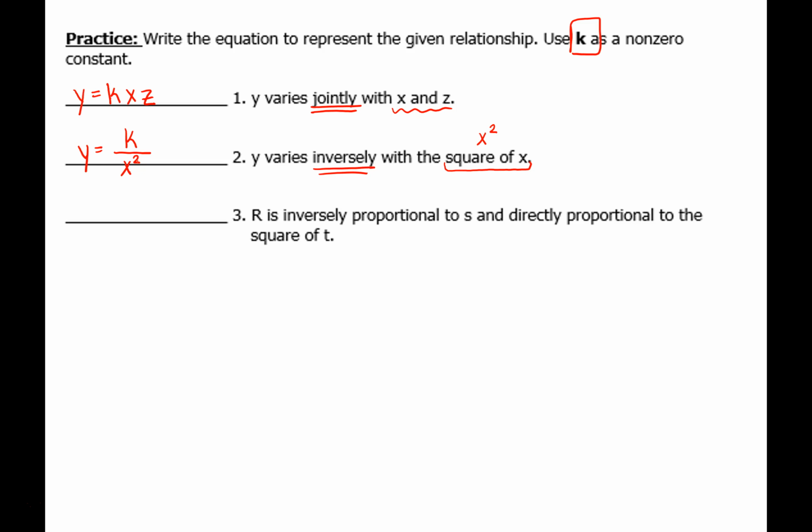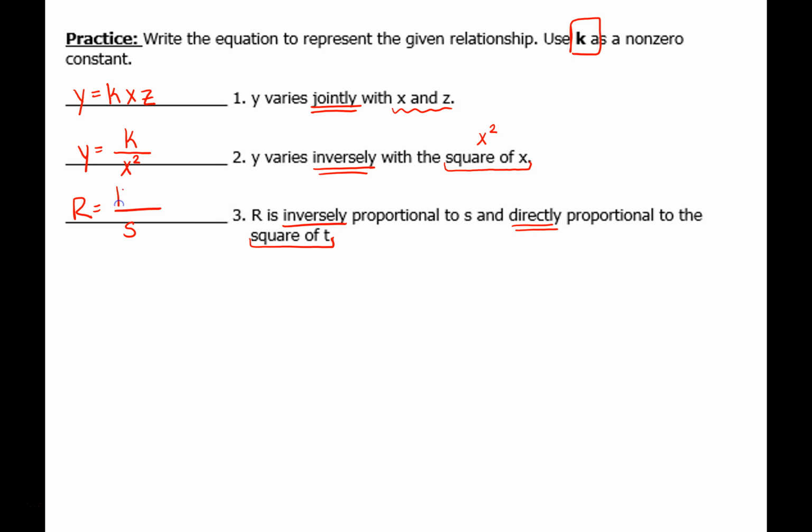Okay, let's try one more of these. R is inversely proportional, so I'm going to have R is equal to something. It's going to have a fraction bar in it because of that inverse relationship. So R is inversely proportional to S, which means the S is going to be down in the denominator, and directly proportional to the square of t. So the direct variation means I'm going to have multiplication up in the numerator.